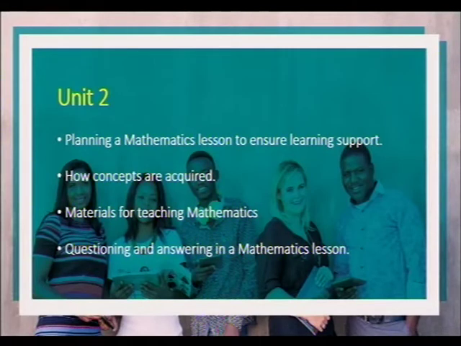Let's start there. Read through the planning and mathematics lesson to ensure learning support, but let's go through how concepts are acquired. We have 3 types of learning experiences: the naturalistic learning experience, the informal learning experience, and the adult guided learning experience. I want you to know the difference between them.